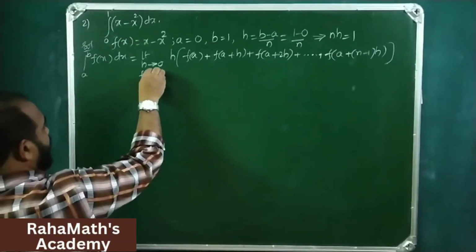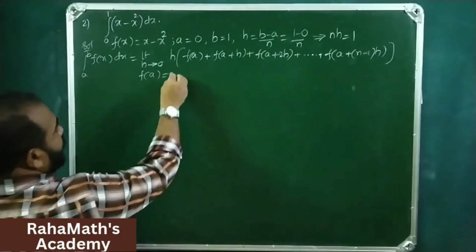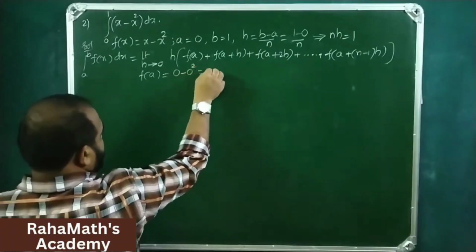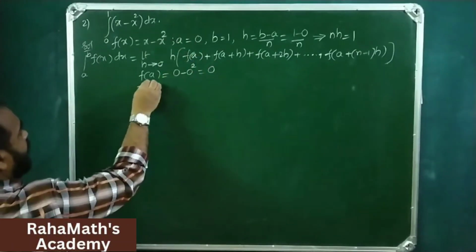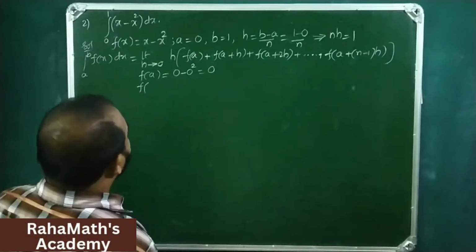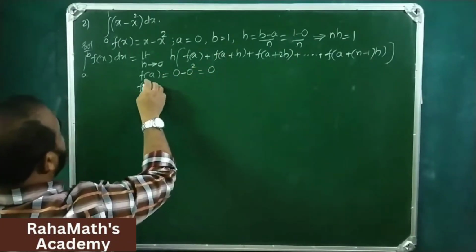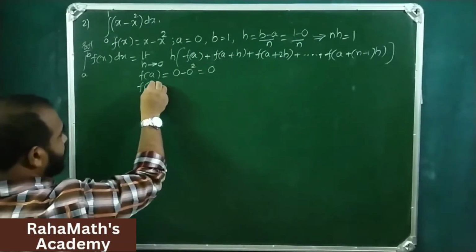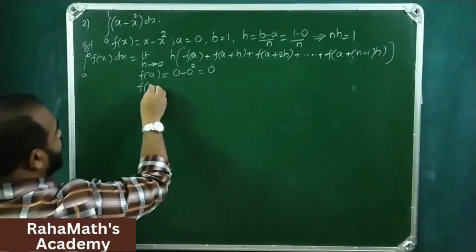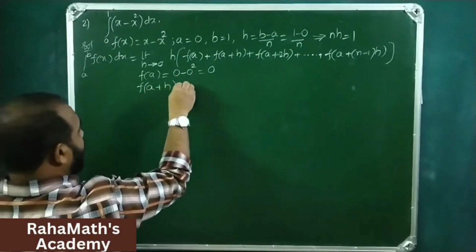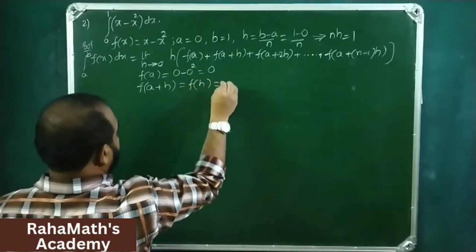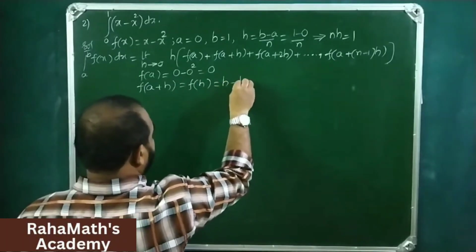Now, what is the value of f of a? 0 minus 0 square, 0. f of a plus h, so 0 plus h. F of a plus h is equals to f of h. That is equals to h minus h square.